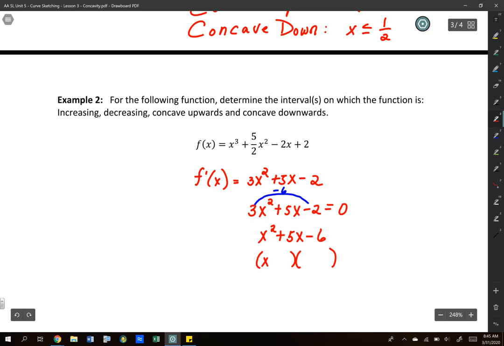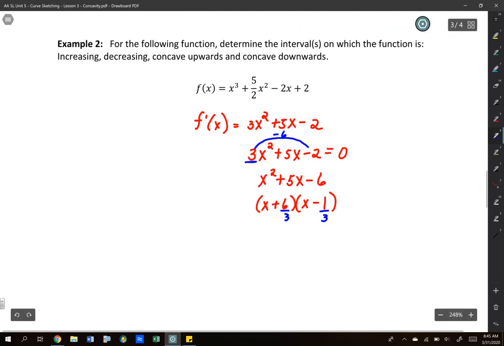So we're going to use, let's see, x + 6 and x - 1, and that'll work, right? Now I'm going to apply the trick, which means I'm going to take that leading coefficient and divide it by each of the second terms of those two binomials. Next step, I'm going to simplify. Don't forget to simplify.